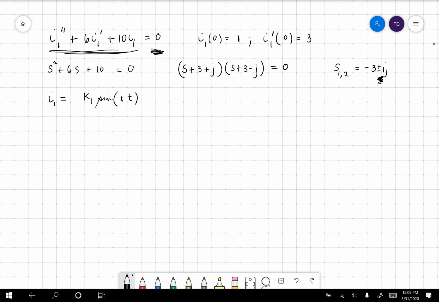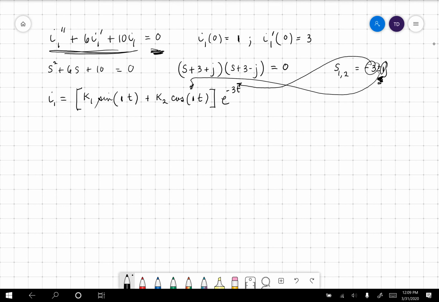Most of us don't write sine of 1t, we just write sine of t, but I'm putting it in there so you can see it, plus K2 cosine of 1t. Again, most of us would not write it that way. And all of that multiplies e to the minus 3t. This minus 3 goes in that exponent, and that 1 goes there and there. So that is our homogeneous response, and because there is only a homogeneous response, it is the complete solution.